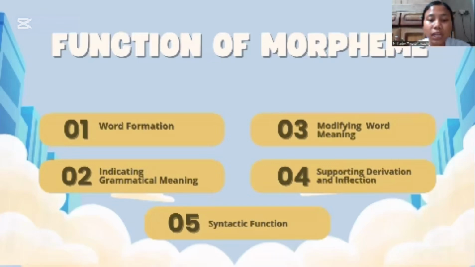And the last function is syntactic function. Some morphemes serve to indicate syntactic relationships between words in a sentence. For example, morphemes in the prepositions di, ke, dari, or particles help establish relationships between words in a sentence.